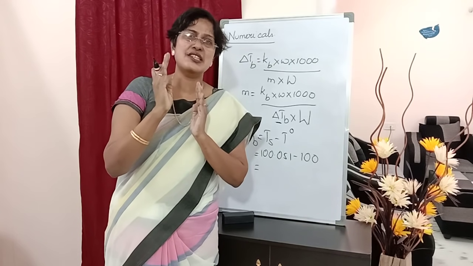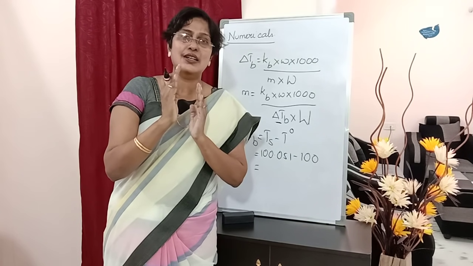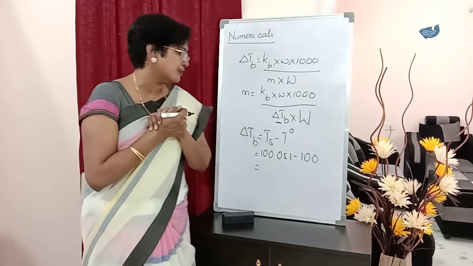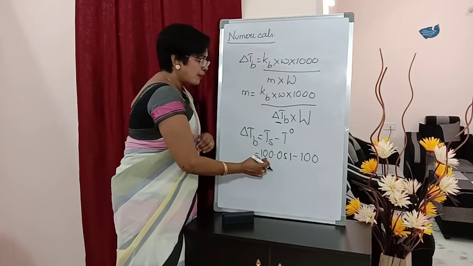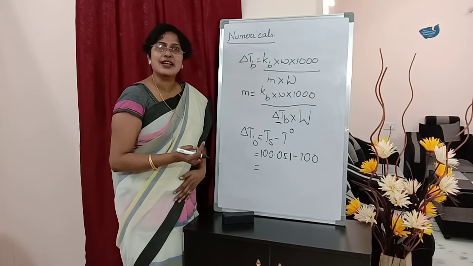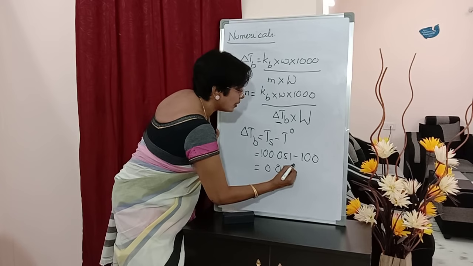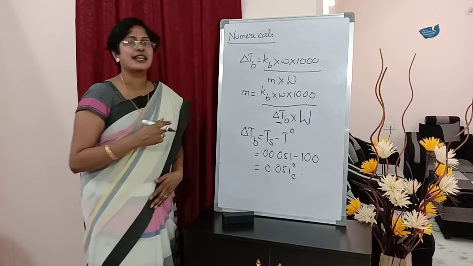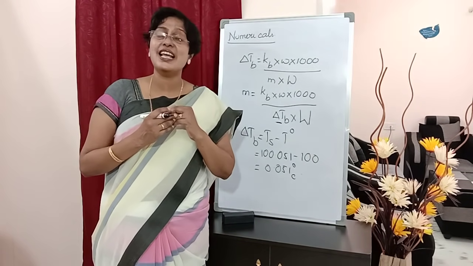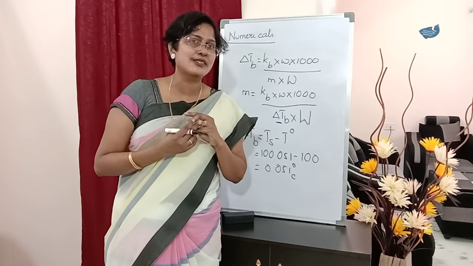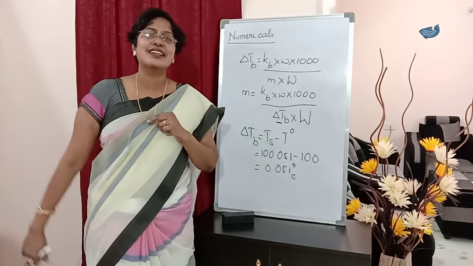Please mention it, or else while practicing the problems, it would be difficult for you. So 100.051 minus 100. How much, students? 0.051 degrees centigrade. Now the banana is ready to eat. Just simply substitute the values and calculate molecular weight.